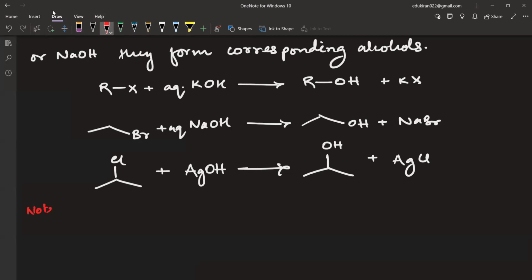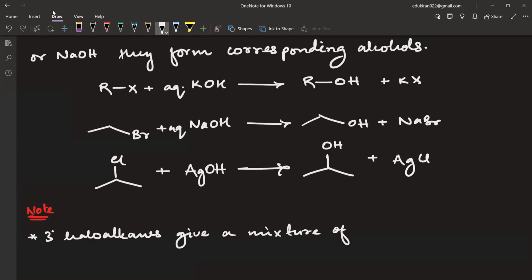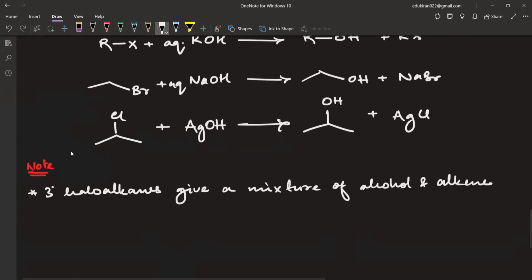I'll explain, but first of all, write a note. 3 degree haloalkanes give a mixture of alcohol and alkene on treatment with metallic hydroxides. Okay, so MOH is metallic hydroxide in general.